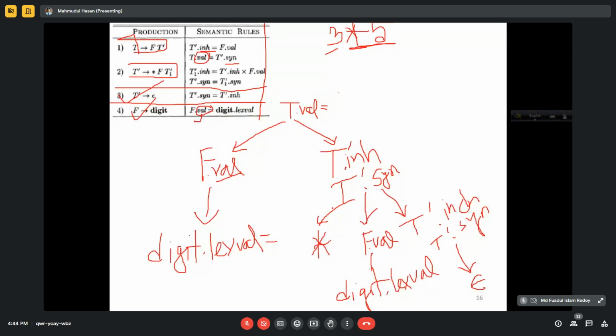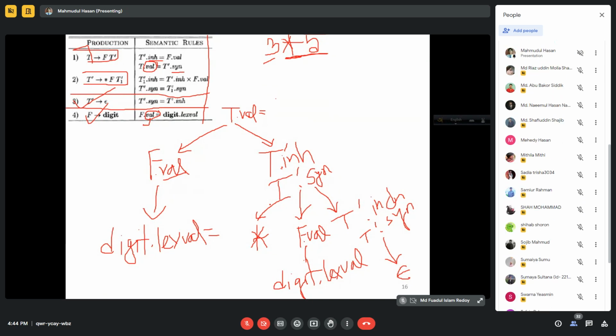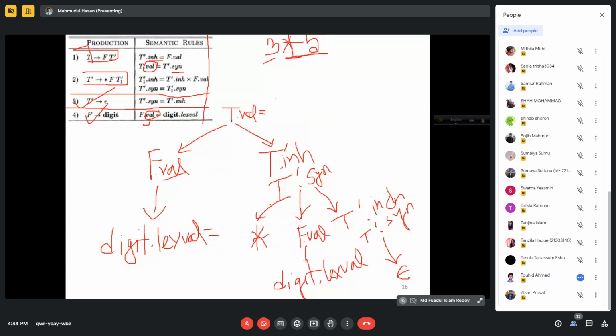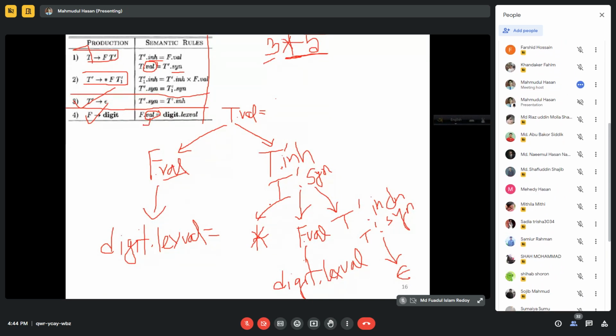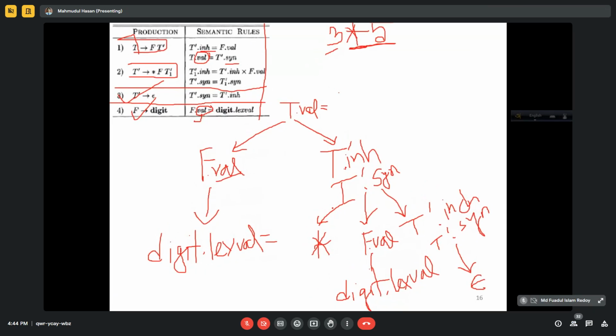That means I need to put values here. So always try to put the lex value first. This one is 3, digit dot lex value. This one is 3, and this one is 5. Always try to do this first.